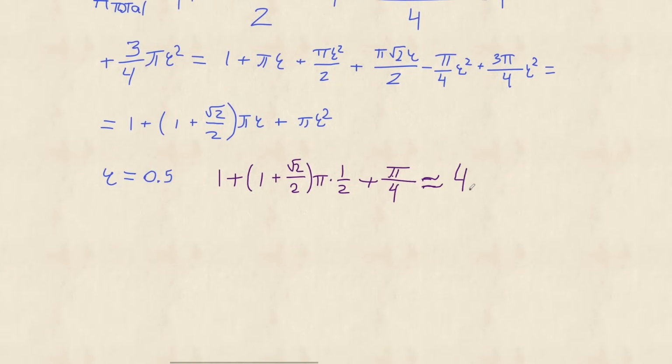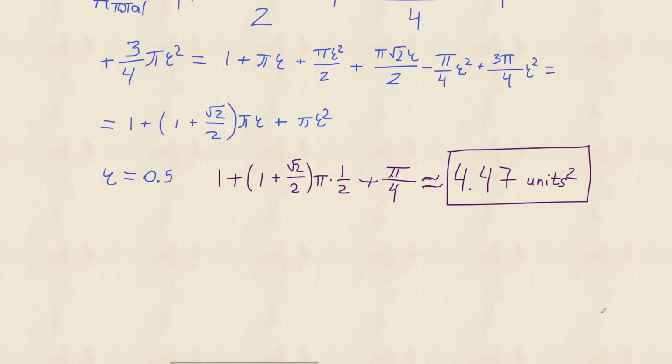So if you do that, that would be approximately 4.47 units squared. So this is the area of the splash. And as you can see, this problem is not that hard and does not require any specific skills besides basic school knowledge of geometry and basic math.